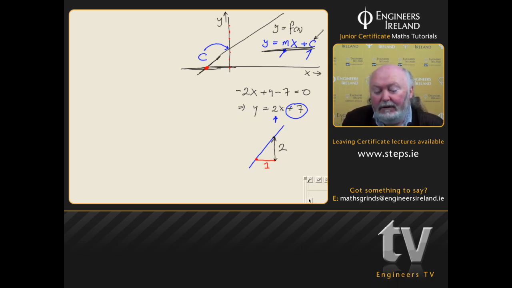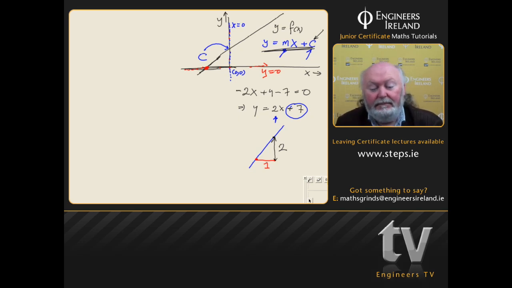And anywhere along the x-axis, anywhere, y is 0. So the equation of the x-axis is y equals 0. And just so that you're clear on it, anywhere along the y-axis, x is 0, because after all, it crosses. You've got the origin in the middle. So the equation of the y-axis is x equals 0.